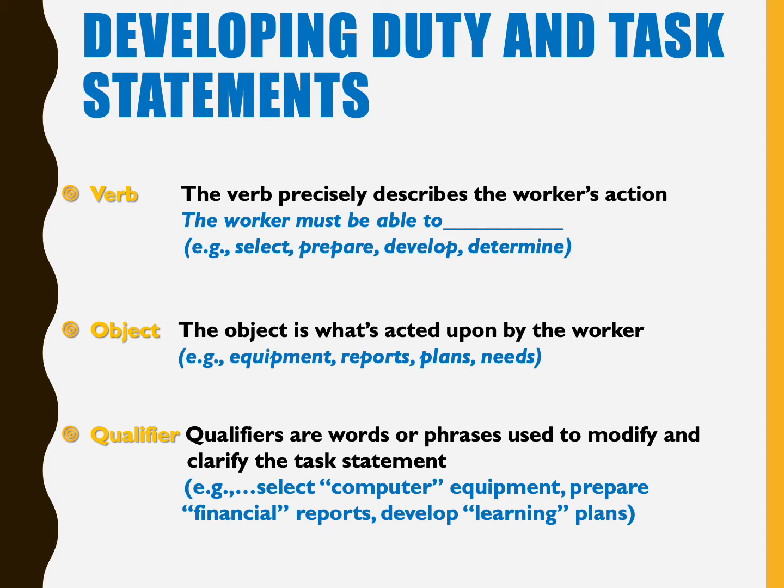Each duty and task statement also usually includes a qualifier, which are words or phrases used to modify and clarify the task statement. So you might say, select computer equipment, prepare financial reports, develop learning plans, determine client needs.